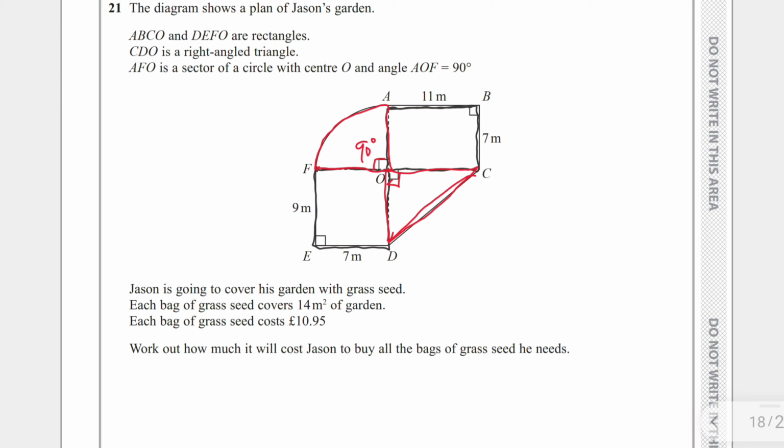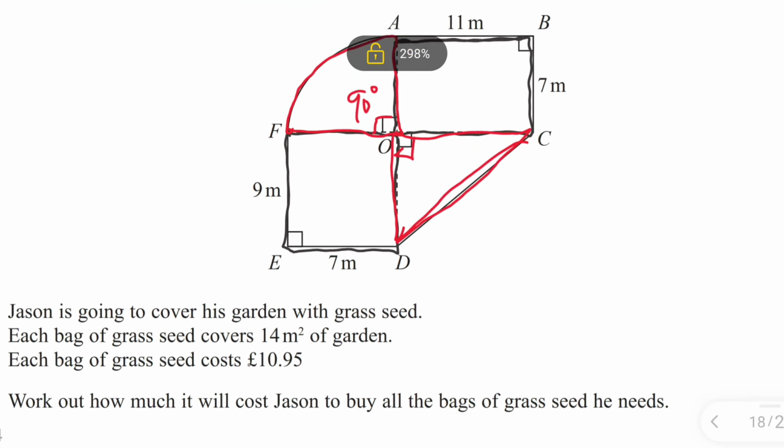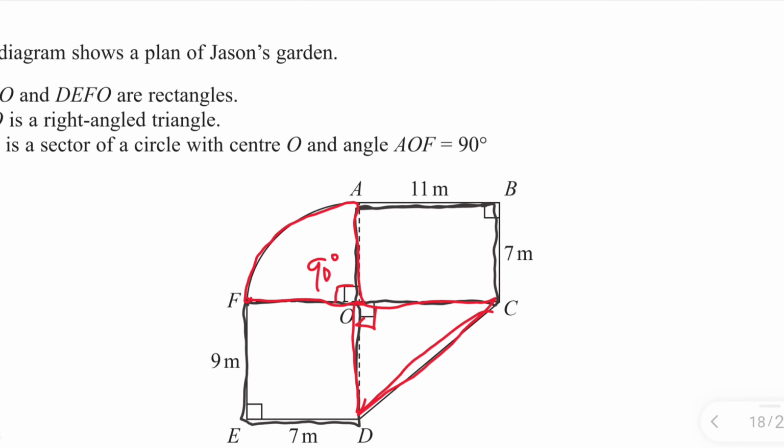So the area of this rectangle, let me zoom in properly, is 11 times 7, which equals 77. The area of this triangle is base times height divided by 2. So the base is 11 and the height is 9. So that is 9 times 11 divided by 2, that is 99 divided by 2, which is 49.5.